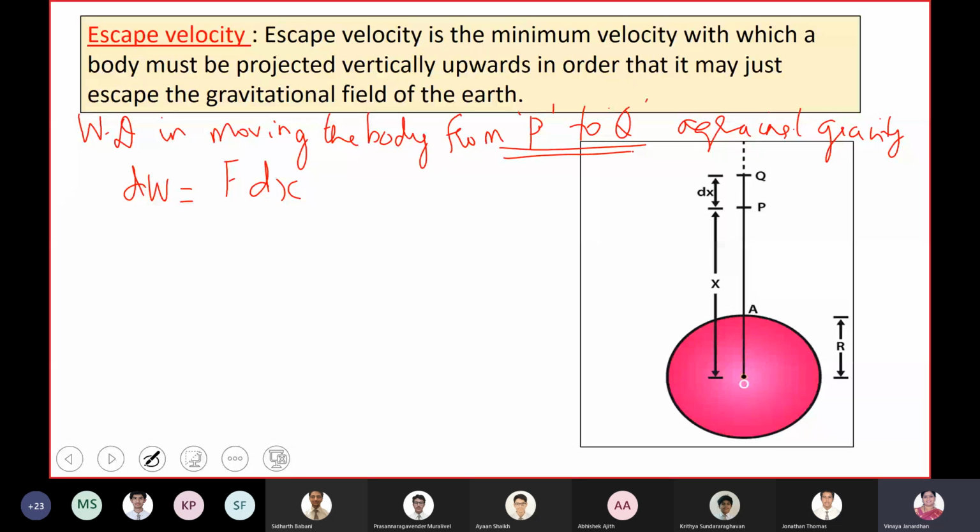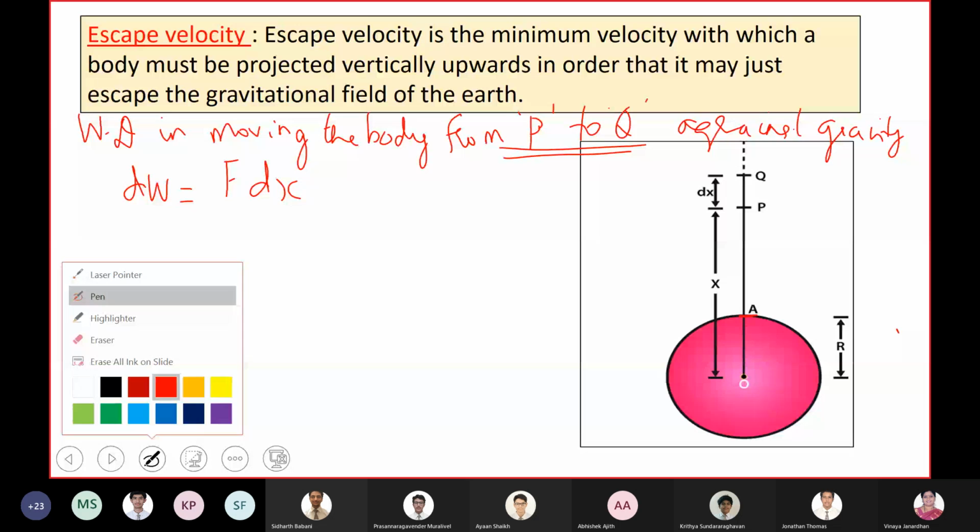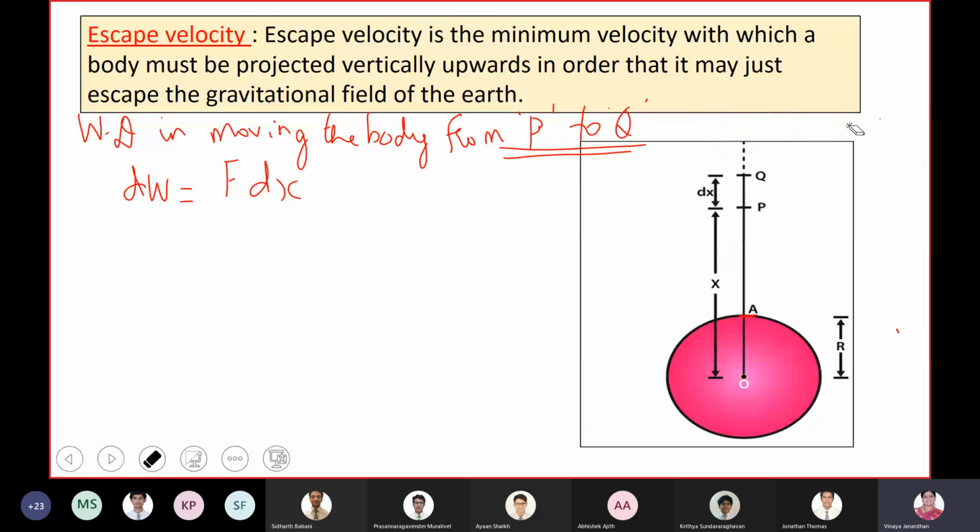Okay. Now what you have to do is that, what is your aim? What is the work you have to do when the body which was initially on the surface of the earth, you have to push the body where? You need to push the body to infinity.